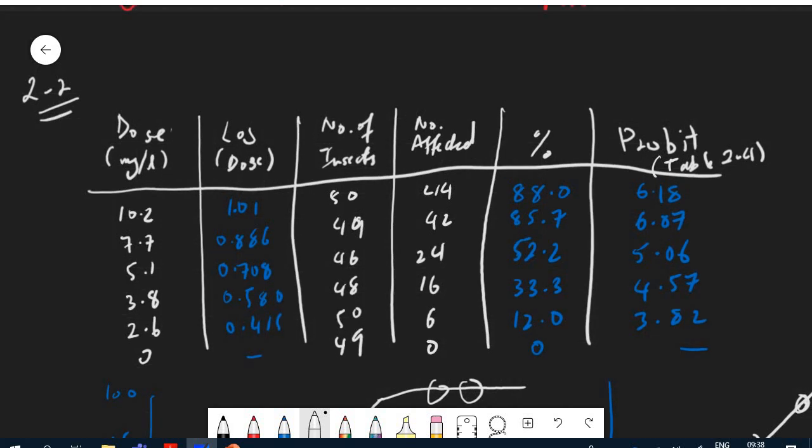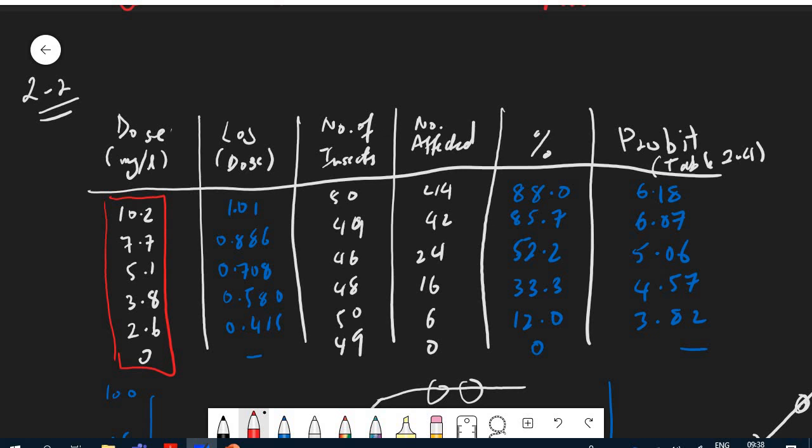We have 2.2. In 2.2, this is what I have as dose, as dosage. And I just took the log of the dose. So log 10.2 is 1.01, log 7.7 is 0.886, log 5.1 is 0.708. So I have not done anything different there.